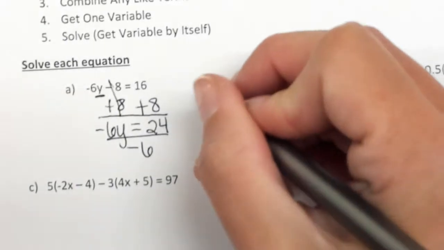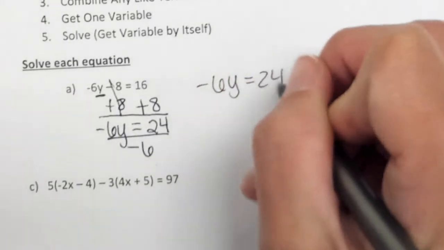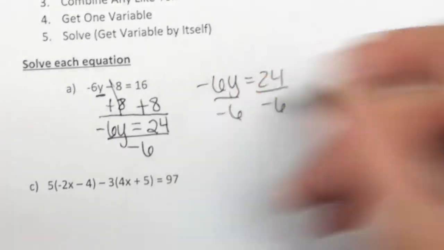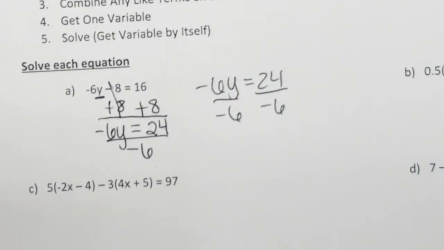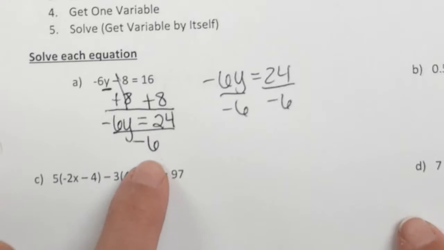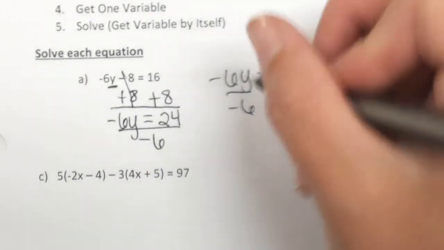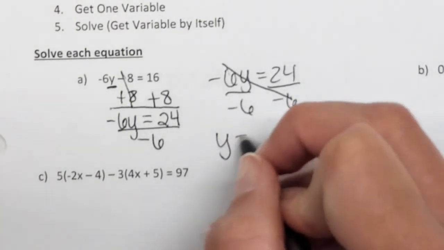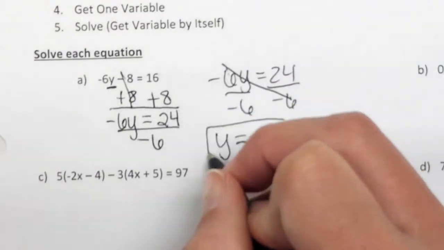Would y'all rather me do this? 6y equals 24 divided by -6 divided by -6? It seems more straightforward. Okay, so it doesn't matter. Some people were confused by that, because some people thought I was doing the equal sign divided by -6. Everybody knows we can't divide equal sign by -6, right? Okay. So, finally, y equals what? -4. Very good.